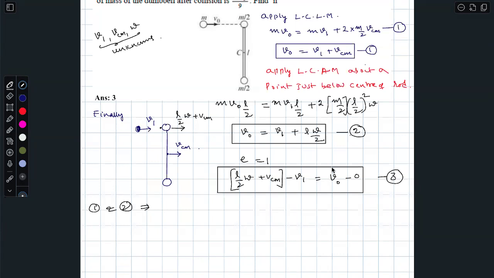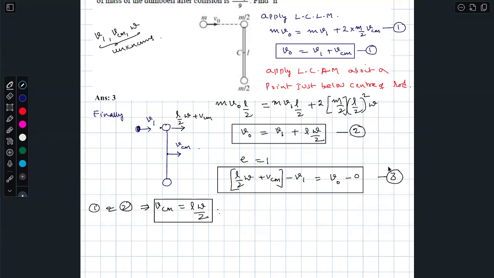Now from 1 and 2, you will have vcm as L omega by 2. Now you got L omega by 2 as vcm.